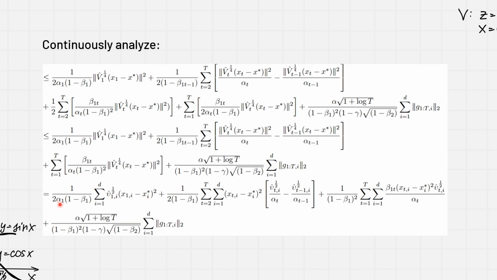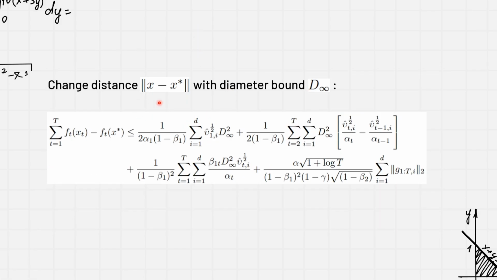And the last equality, we change the representation of the value of each dimension of epsilon t hat. So here, and here, and here, have the summation of i over 1 to d. Next, we use the diameter as the upper bound of the distance x minus x star, and change the distance with the diameter bound D infinity.